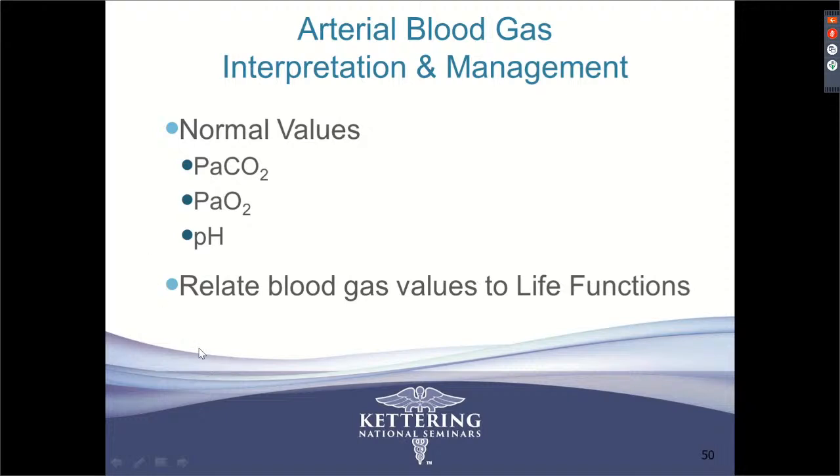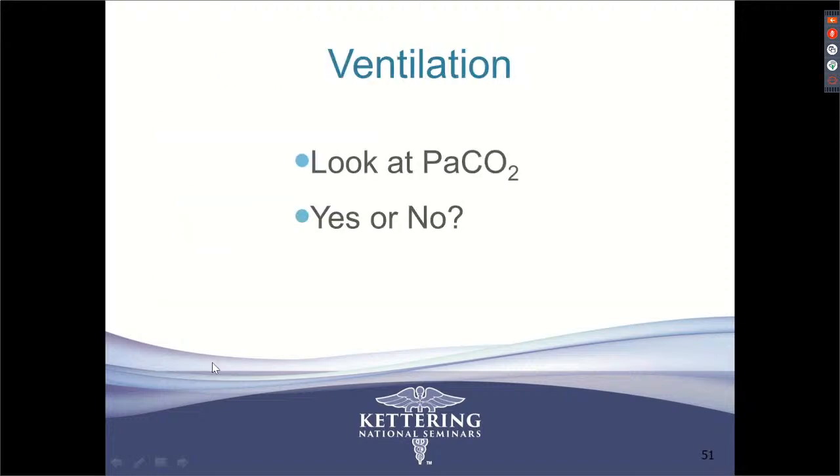Now you drop down to the bottom box there, and this is the box that kind of gives you the protocol of how you're going to interpret the blood gas for CO2, and then what you're going to do to fix the problem. All right, so this is a very, very important box.